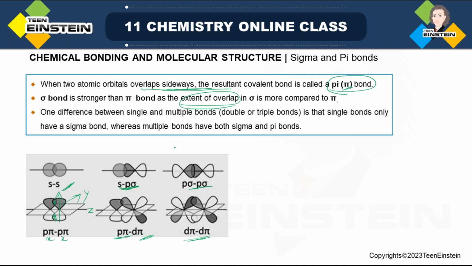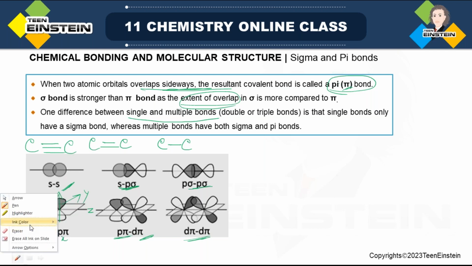One difference between single and multiple bond. Single bond means there is only one bond. Suppose you have any CC single bond, but multiple bond means like this, double bond or triple bond. Now if you compare these two, single and multiple bond, single bonds only have sigma bond. So when you have a single bond between two atoms, not necessarily CC, here I have taken CC, it is always sigma. It is not that there is a single bond that is pi.